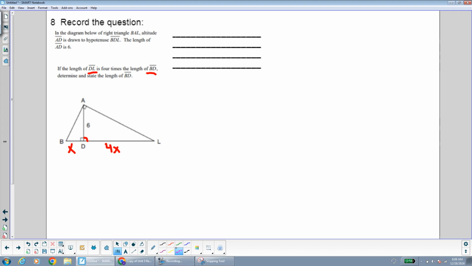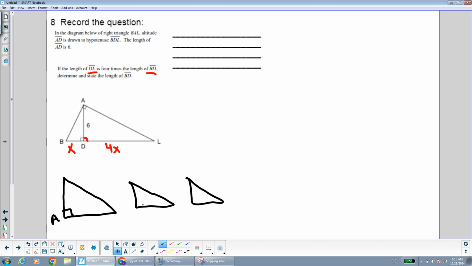Now, I'm going to redraw the 3 triangles so that they're facing the same way, and that way I can easily make a proportion. In the big triangle, the right angle is at A, and I'll just write L and B. Those don't matter. We're just going to label the other two based off of that.